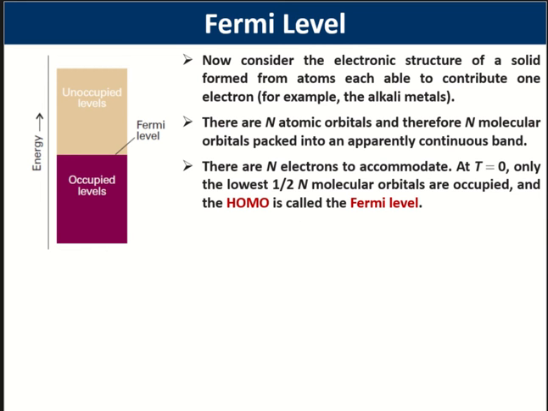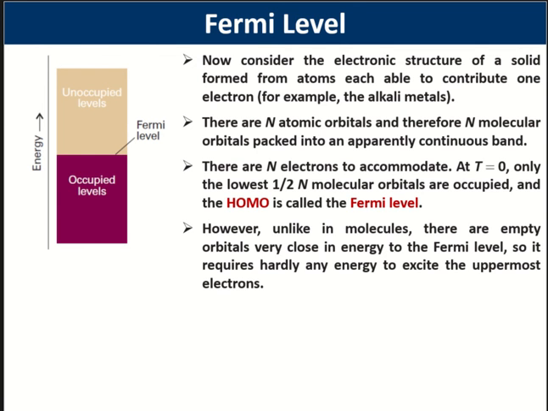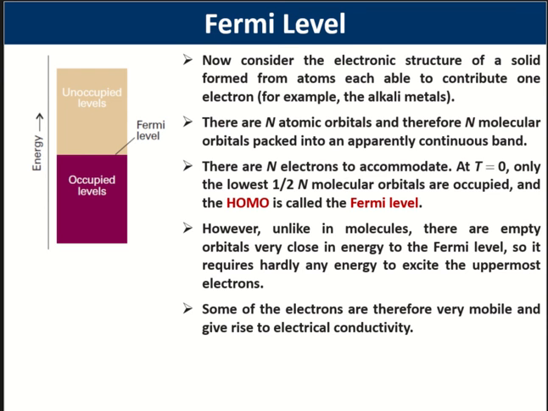So n electrons, half of them are occupied, and this highest occupied orbital is called the Fermi level. So close to the Fermi level, you have unoccupied empty orbitals. So excitation is possible, and it will conduct electricity.